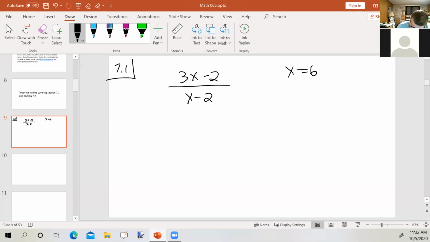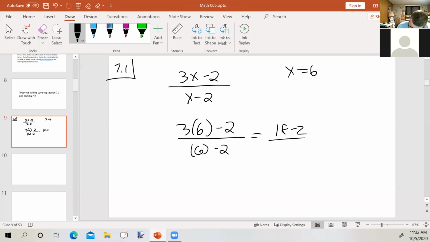So that would give me 3 times 6 minus 2 over 6 minus 2, which is 18 over 18 minus 2, or 16 over 4, which is 4. Any questions about that? All right.